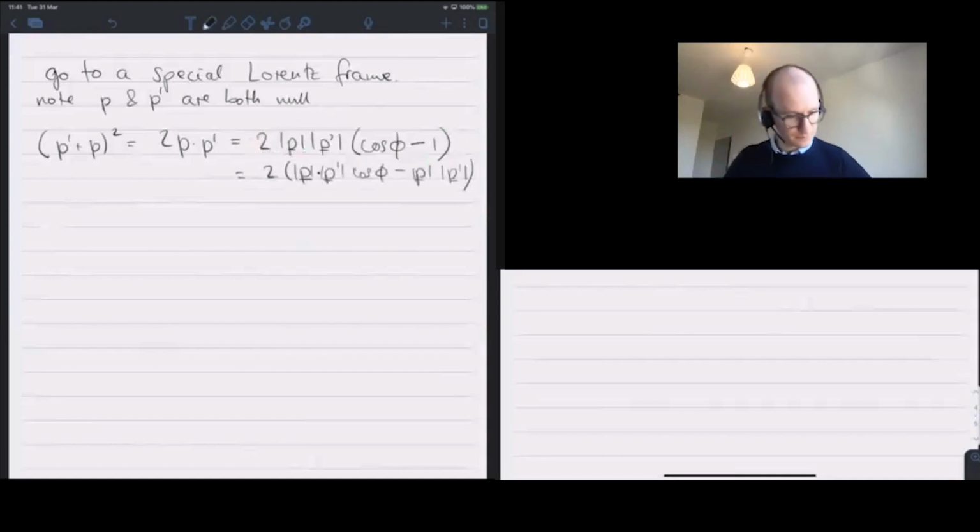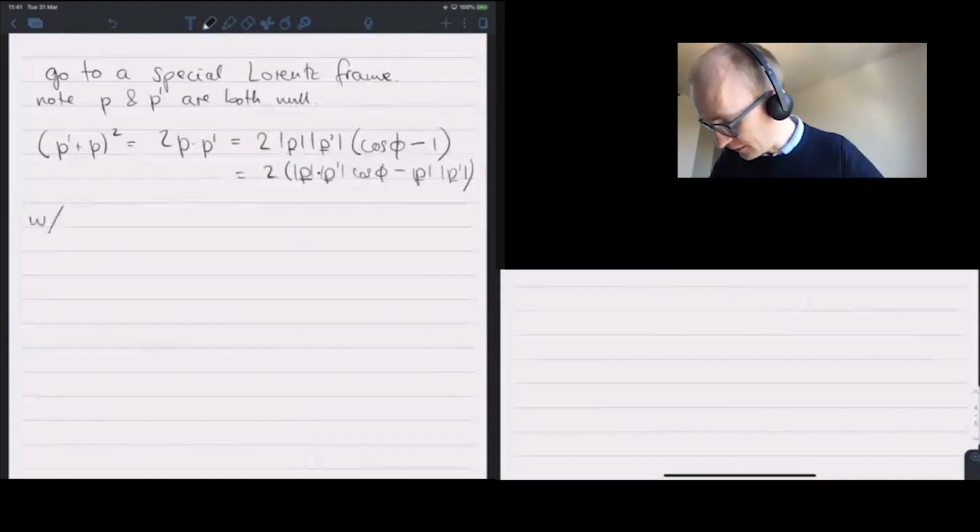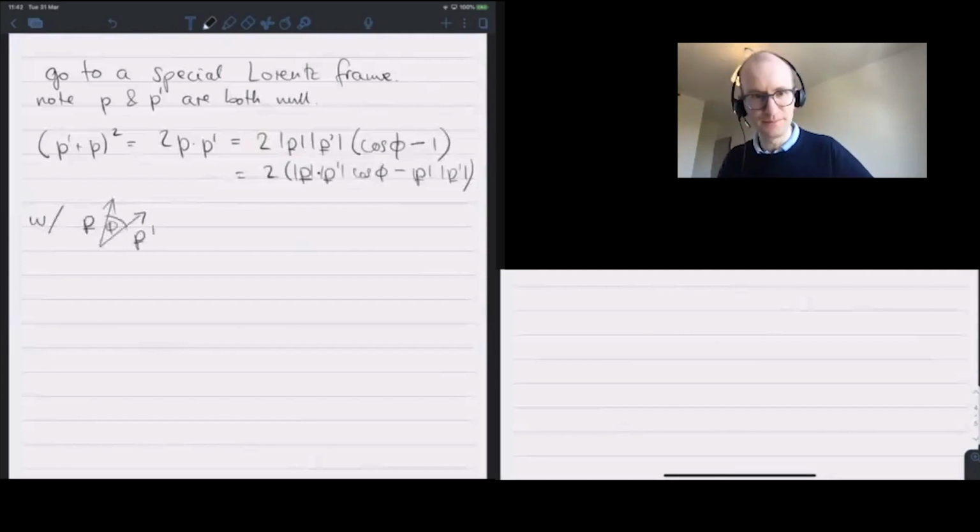Simple. Now, I've defined this angle phi as the angle between the two momenta. So we have P prime, P, and between them we have phi.